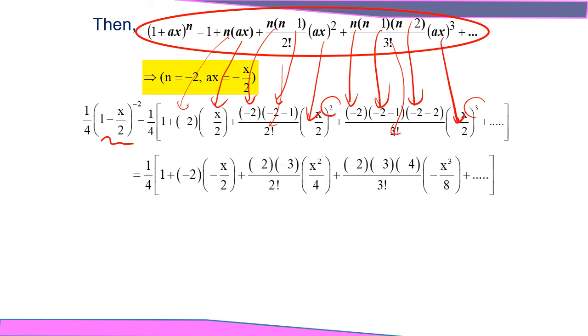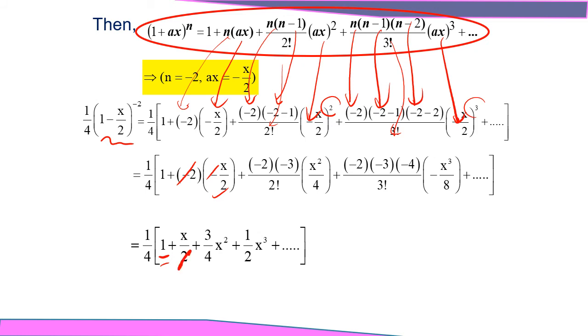So what do we get as the result? Negative 2 multiplied with negative x over 2 gives x, so the first term is 1 and this one also should be 1, right? Yes, 2 divided by 2 should be 1.